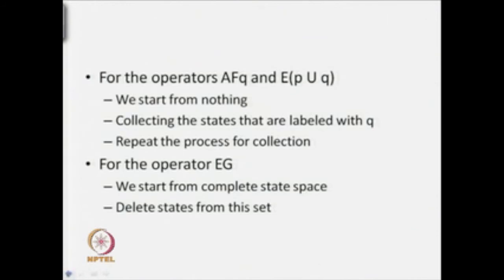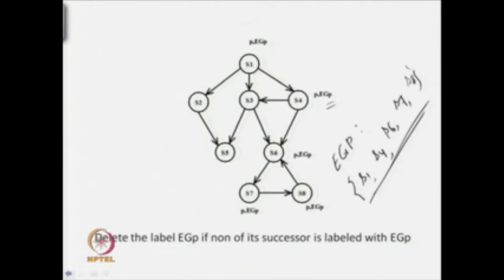Now, we have seen the process for EGP, and the approach is slightly different than the procedure that we have talked about for EU and AF. We have discussed the algorithm for EU and AF, and now we have seen the procedure for EG also. The approach of EG is slightly different.